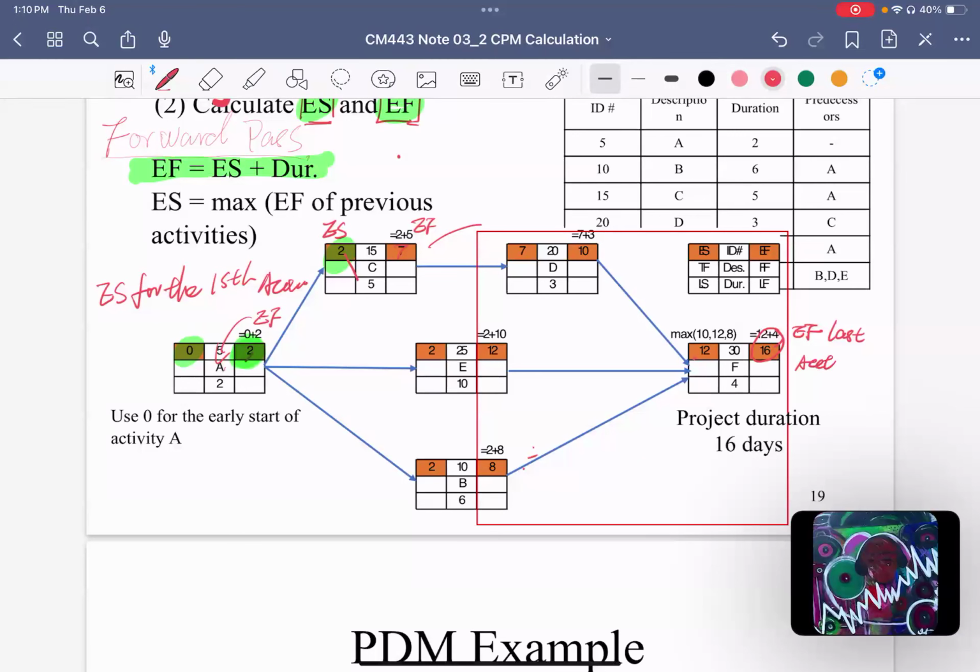You use this early finish time of your last activity as your project duration. So you have this project with activities A to F, and this project can be finished in 16 days. That is your project duration. Any question for this?